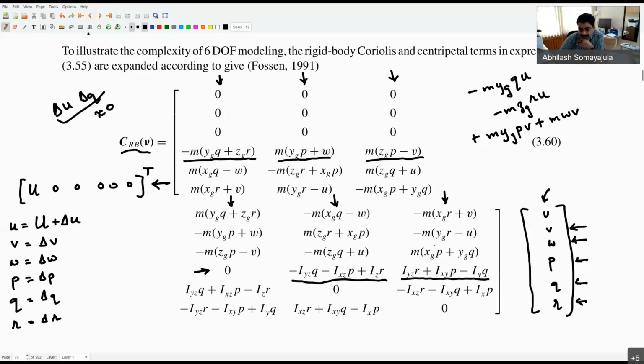Let's try to see. This last term here, when multiplied by r, will there be any term which is not linear, which will be saved? They'll all contain products. One will be r square, one will be p times r, one will be q times r. So they all will be going to 0, correct?